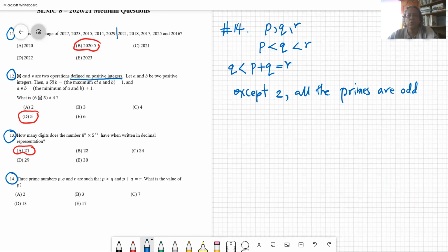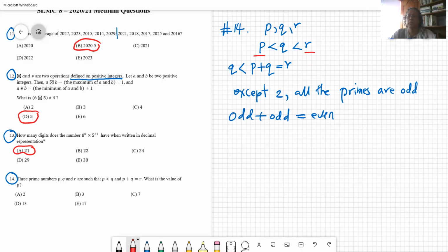And two odd numbers add up to even, right? But plus odd is even, right? So if P is less than R, right? R actually is not 2.